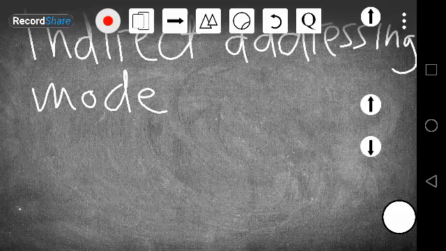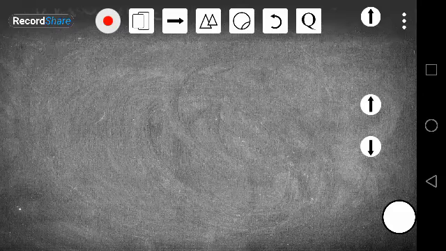So in this case, let me explain with the diagram. This is the instruction.